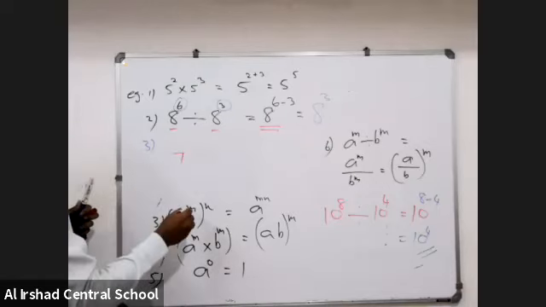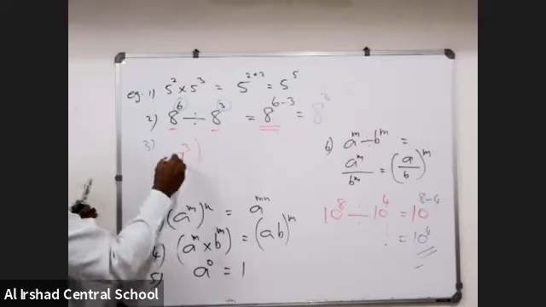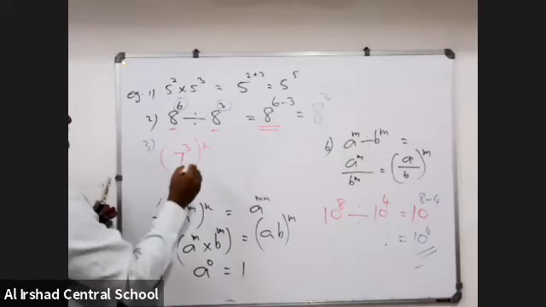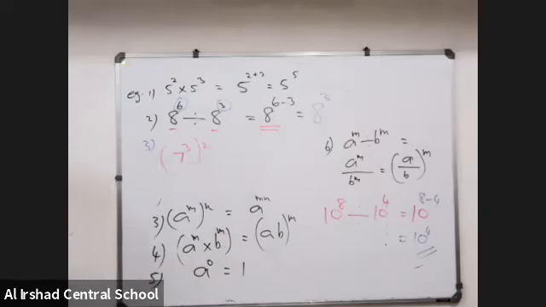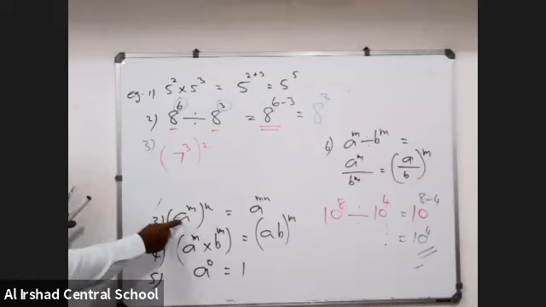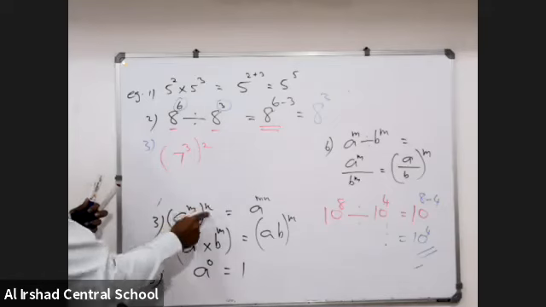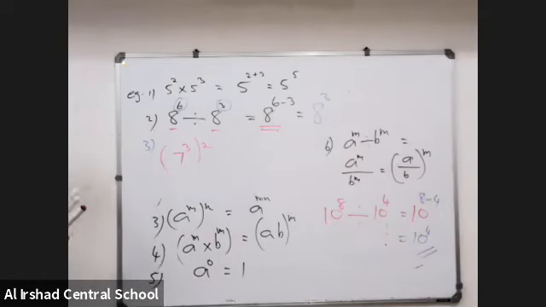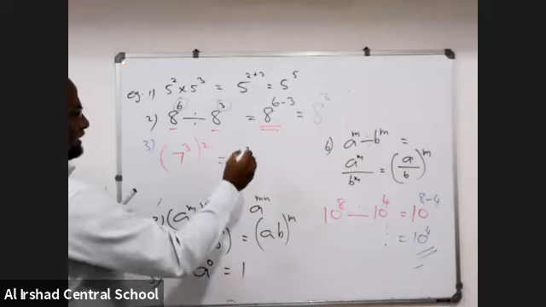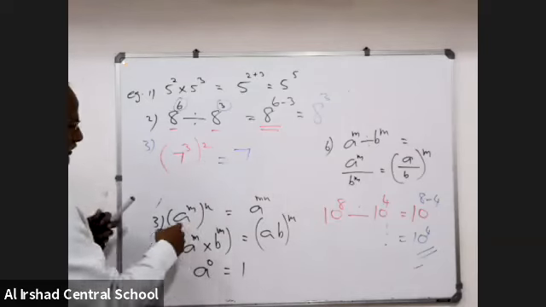7 to the power of 3, whole square. Your a is 7, my m is 3, and your n is 2. Now you can manipulate. The answer: base is 7, there is no difference.